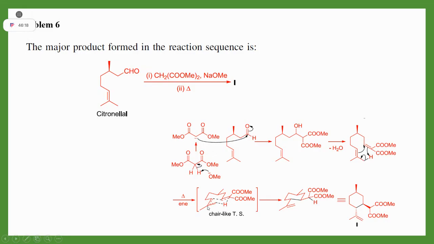This group is below this allylic group, so that's why this group is below, and this methyl is above, so it is above only. So that's how they have drawn the stereochemistry. This is a very good example of stereochemistry of the ene reaction. You just have to draw the chair-like transition state, you will get the stereochemistry. Okay.